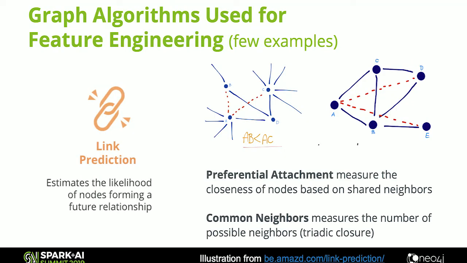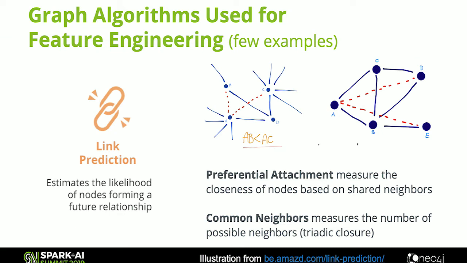Now, as far as developing features, some of the graph algorithms, I'm just going to show you a couple because we use quite a few and we tested quite a few. For link prediction, a lot of times the algorithms that fall under that category look at estimating the likelihood that nodes will have a relationship based on their proximity and the topology of the graph. We used preferential attachment.